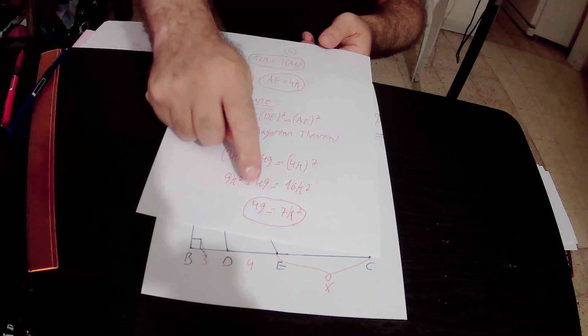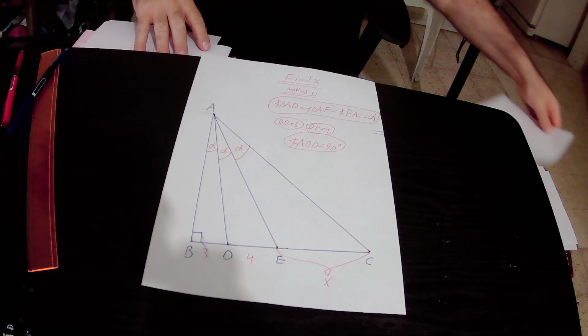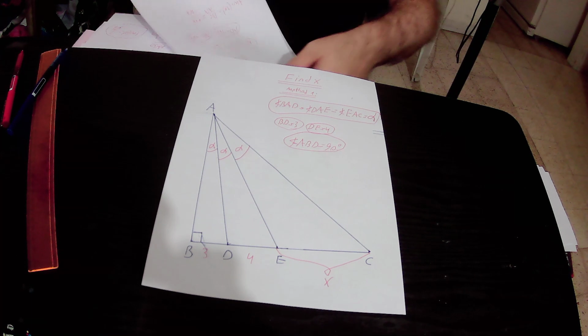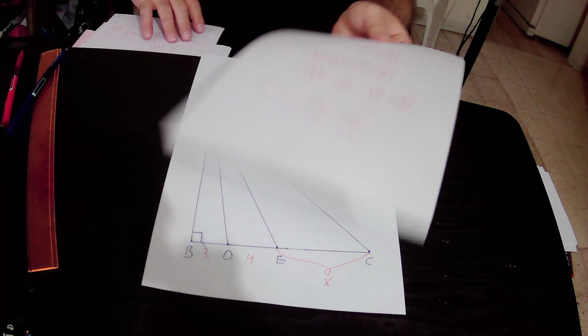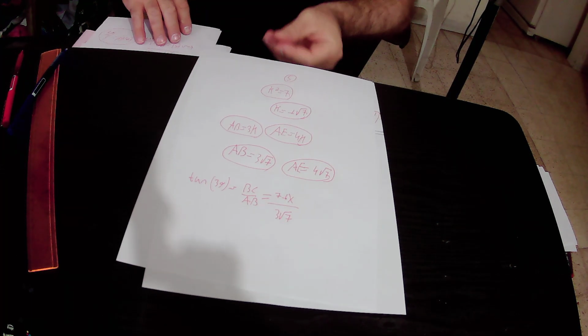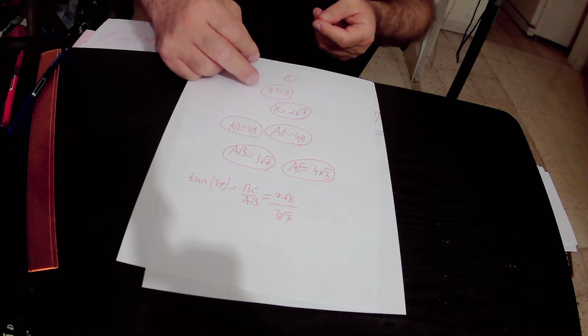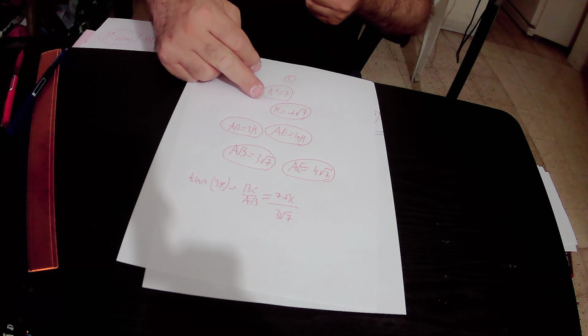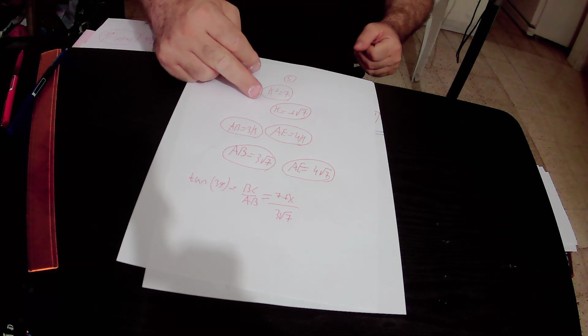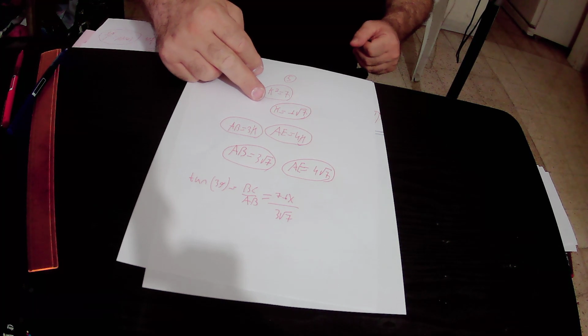We divided this equality by 7, and we got that K square equals 7. Then we took the root from this equality, and we got that K equals the positive value of root 7.